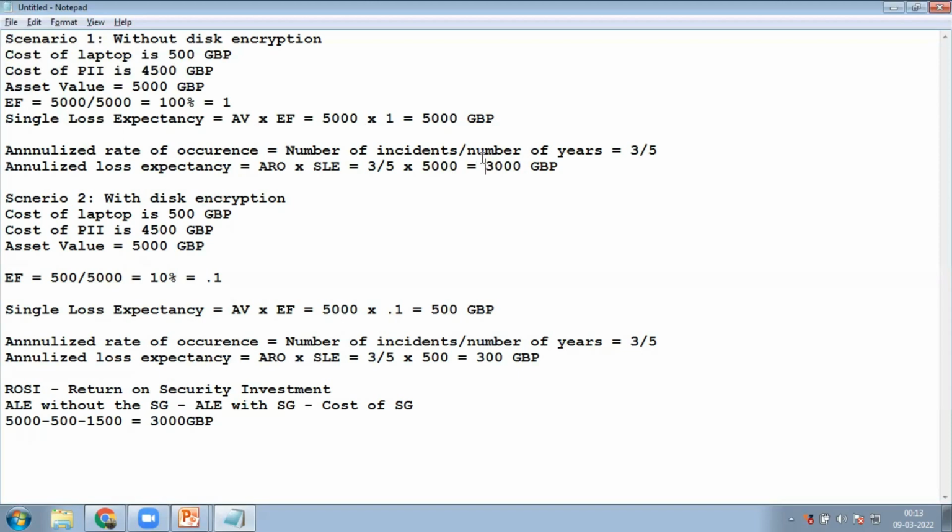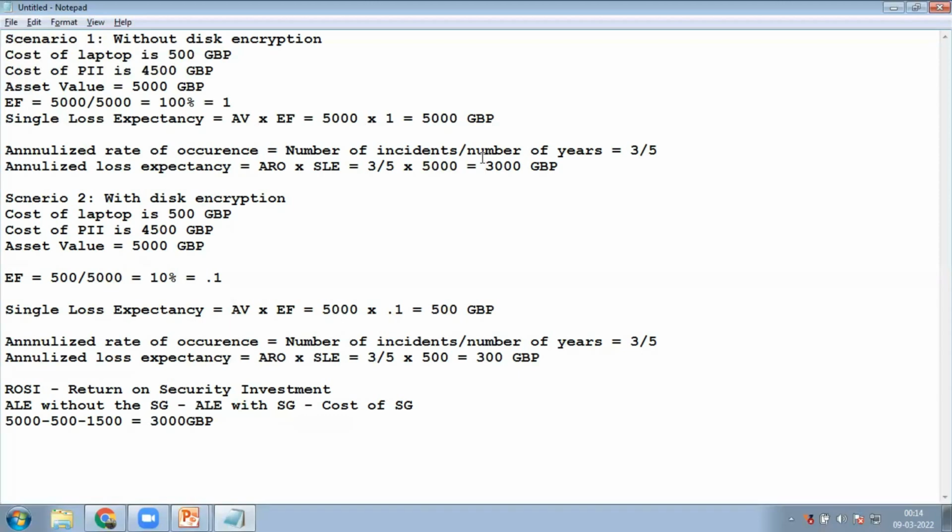Ideally far lesser than this, which would actually give you a benefit. We can still say 29.99 British pounds is still less than 30.00 British pounds, but it's not that useful. So we need to ensure the safeguard is significantly lesser in value than the annualized loss expectancy for me to implement this. If you look at our own scenario, I said 1,500 British pounds annualized.